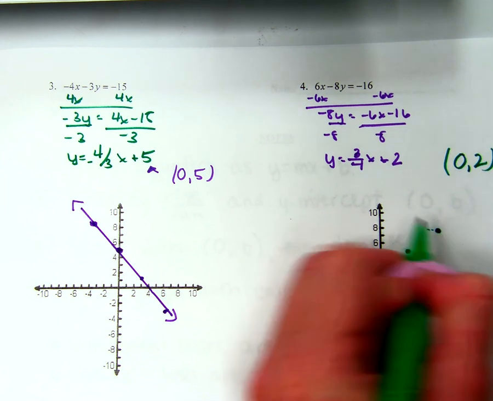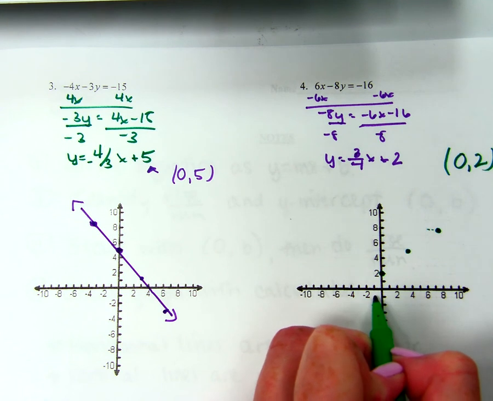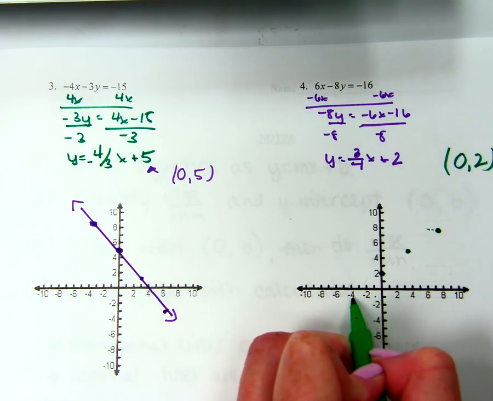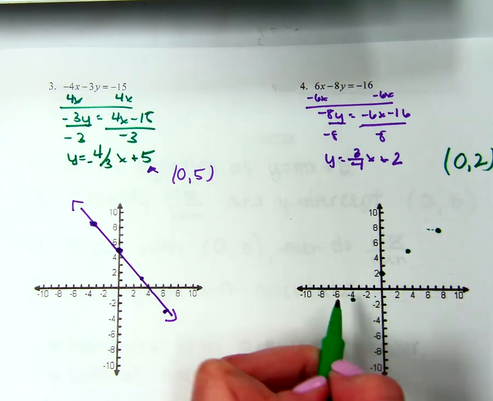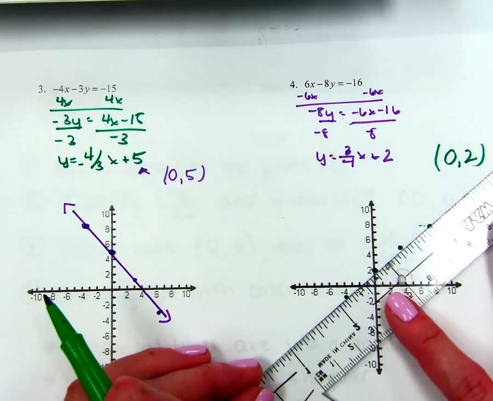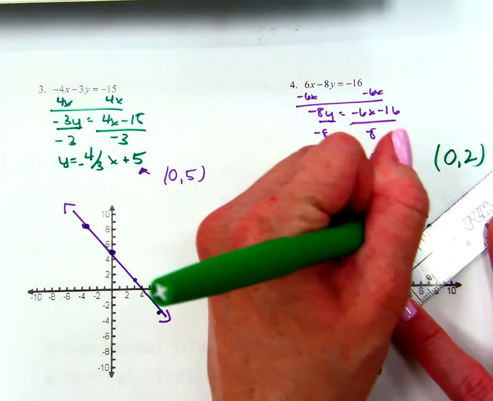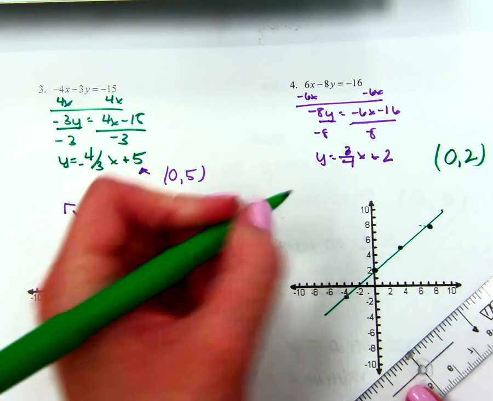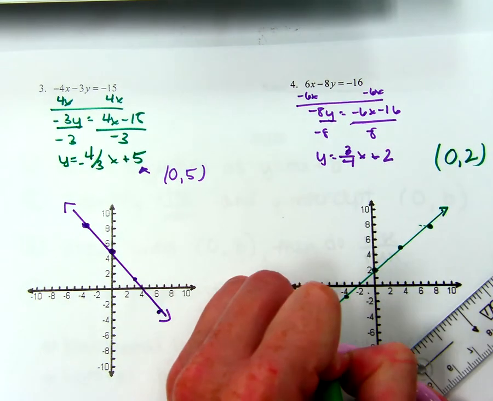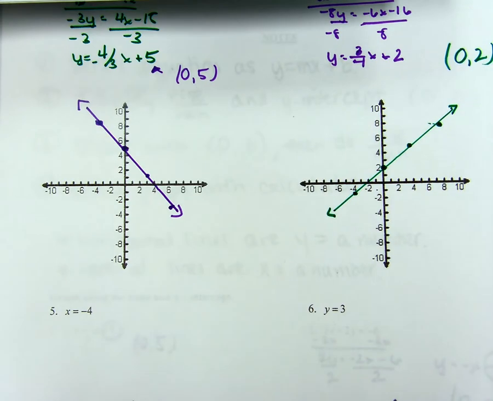Same thing again going down: down 3 and left 4. Draw on my line. There's my graph.